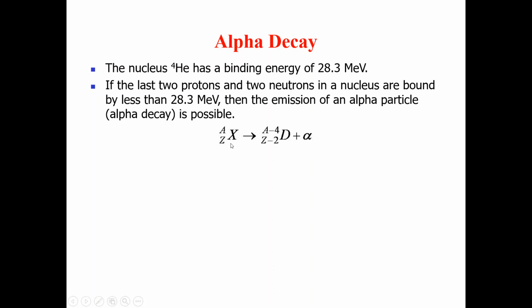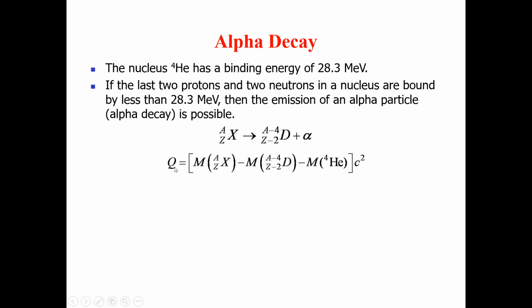So we have the relations in this case when we have the emission of alpha particles from a parent nucleus. This is the parent nucleus. When alpha decay occurs, the mass number is reduced by 4, and the atomic number is reduced by 2 with the alpha emission. The same we can write for the Q value.